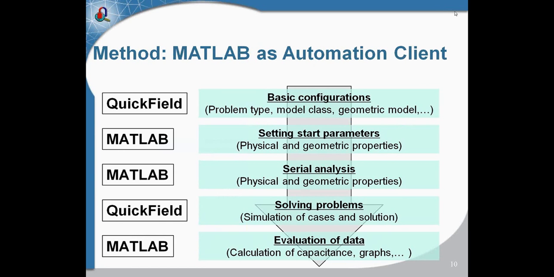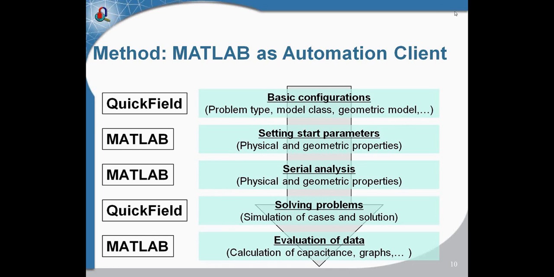Next I will briefly discuss the chosen method, which I used throughout my numerical simulations. In my thesis, I used QuickField along with MATLAB, since in this way I obtained the desired results in a more efficient way.